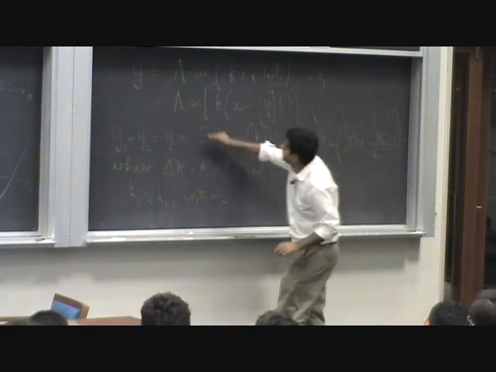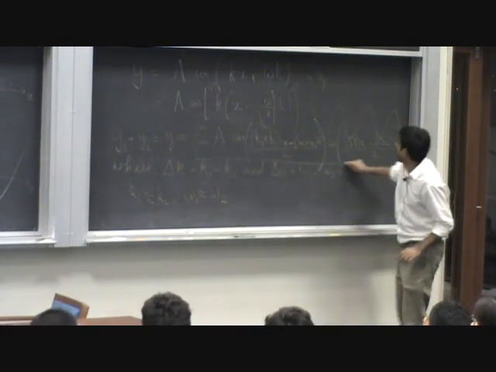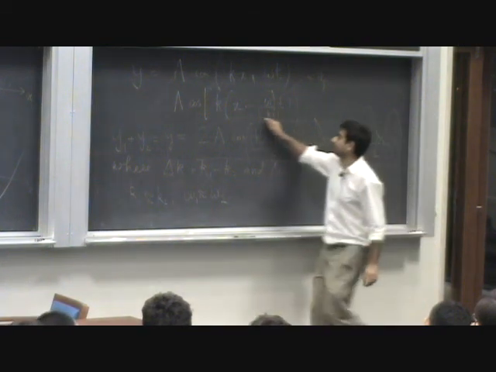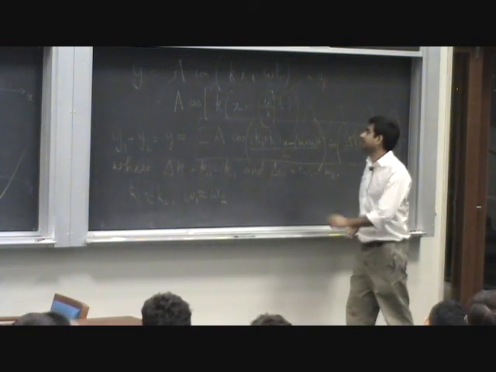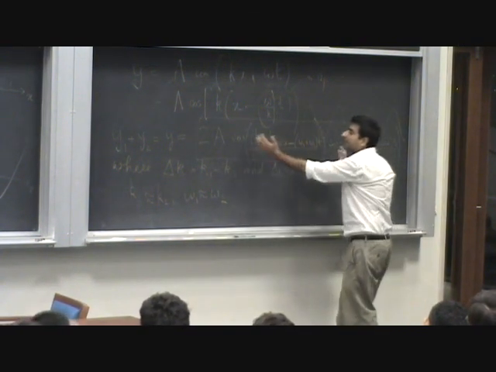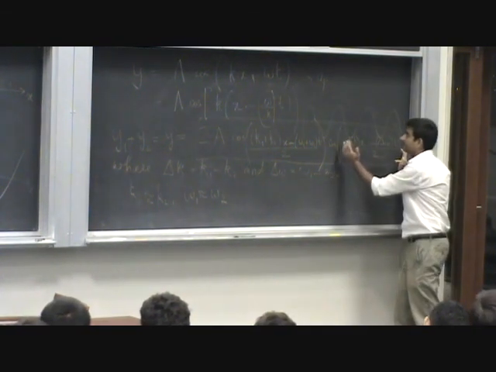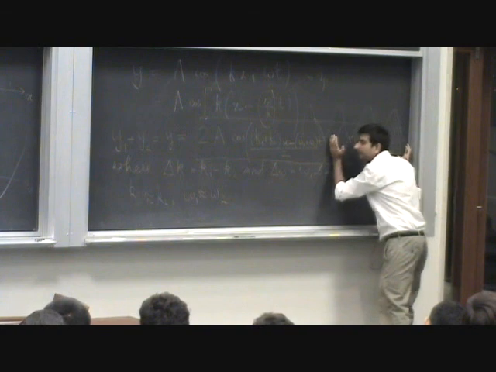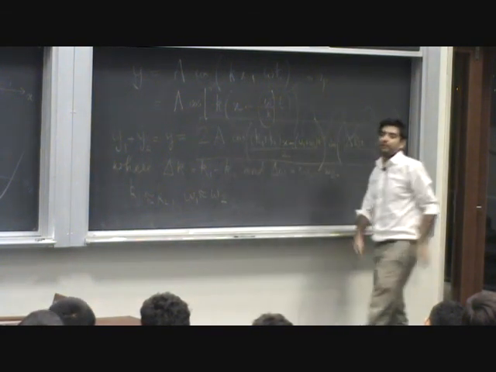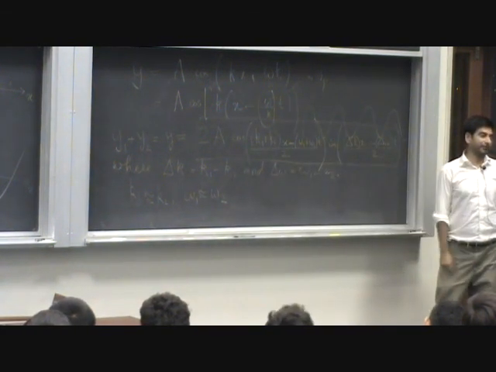So if you look at this expression, which is the resultant wave, there are two kinds of terms here. There's a cosine term here and there's a cosine term here. Which one of these terms has a lower frequency?